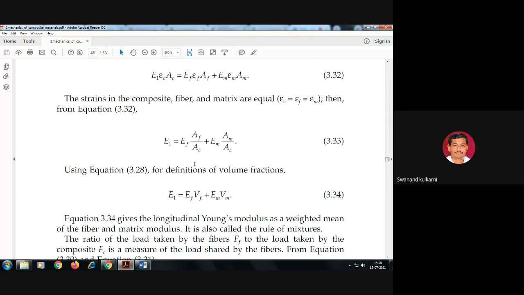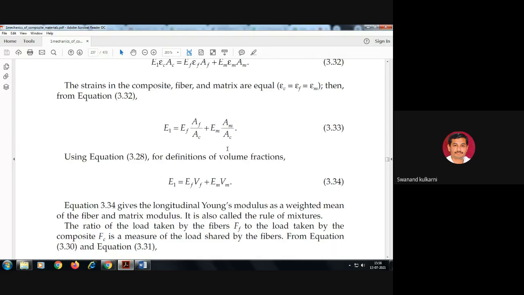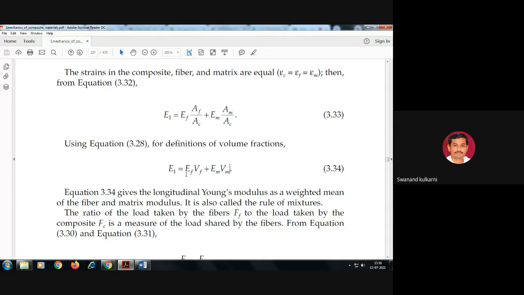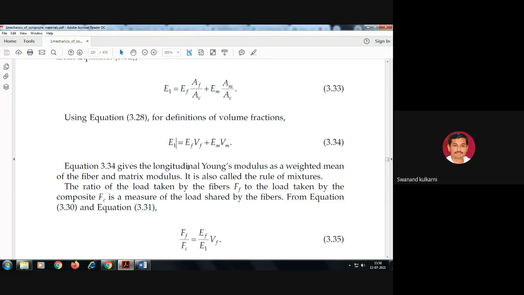AF upon AC is nothing but VF, and AM upon AC is nothing but VM. Is it okay? So the Young's modulus acting on the composite material in longitudinal direction is nothing but EFVF plus EMVM. Is it okay?